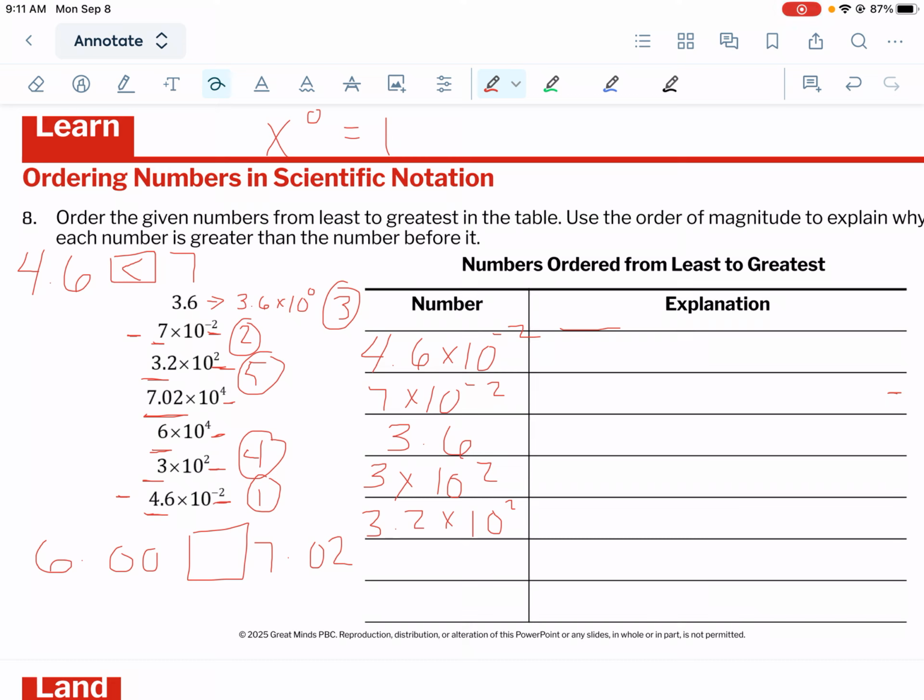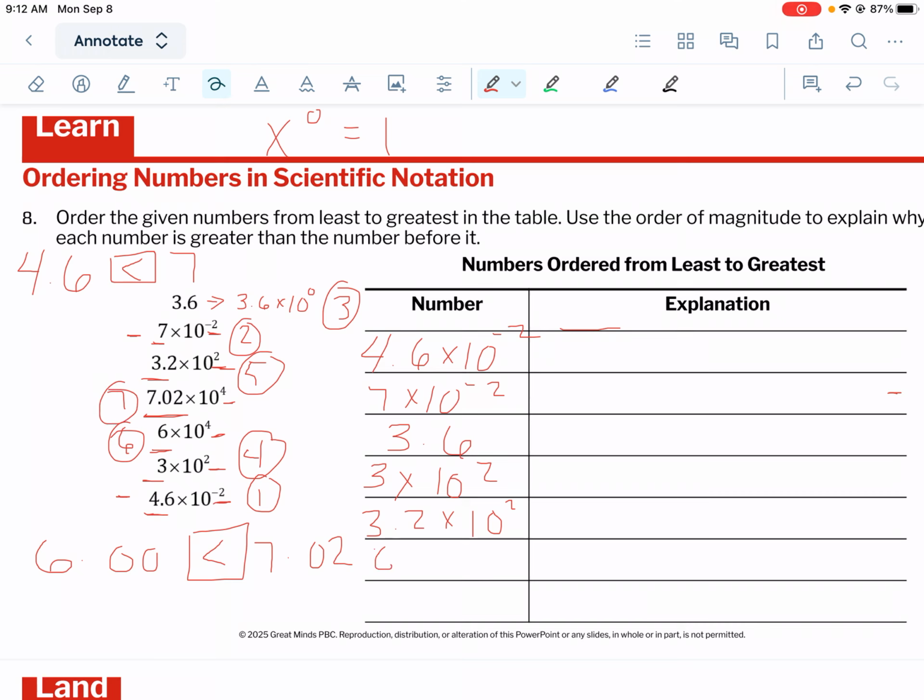I would hope that you would know that 6 is less than 7 point anything, because 6 comes before 7 regardless. It gives you 6 is less than 7.02, so that 6 times 10 to the 4 will go next. That would be our 6th value by chance. And then 7.02 will be our 7th value.